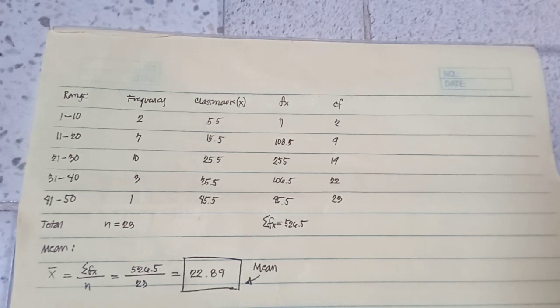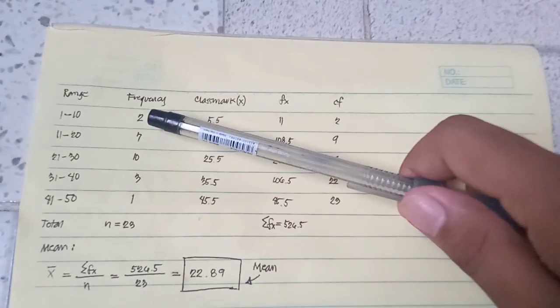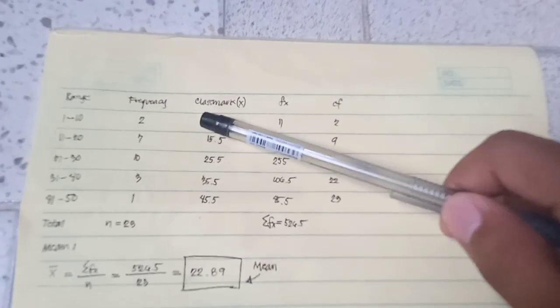So next we will find out how to find our frequency class mark. To find our frequency class mark, we will just multiply our frequency and class mark.